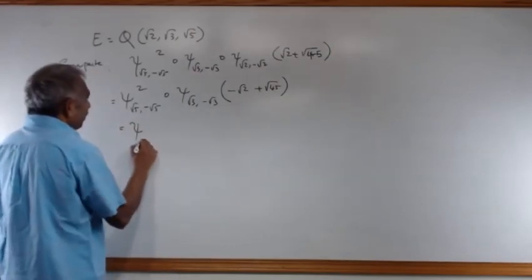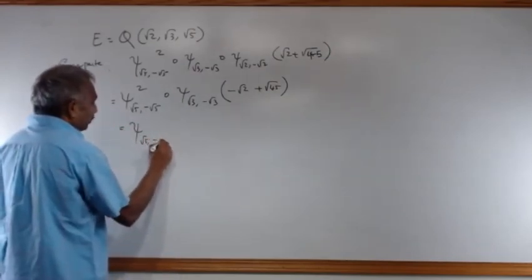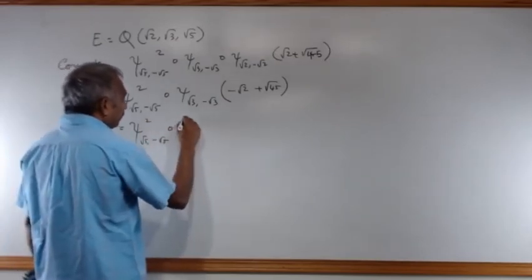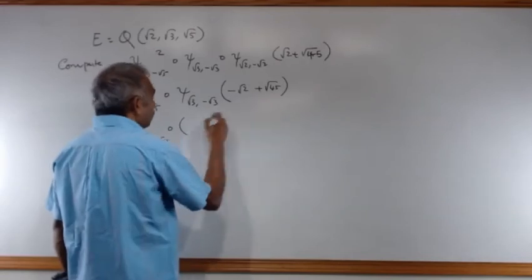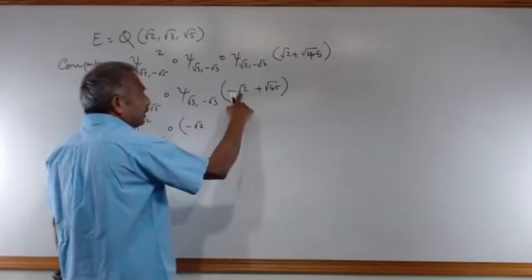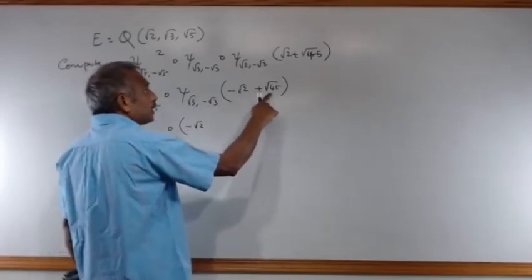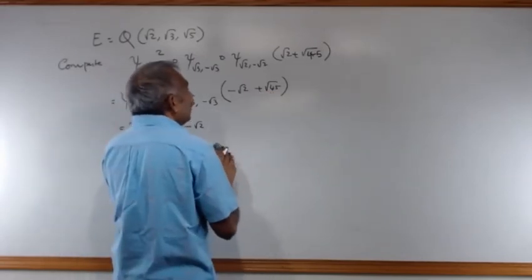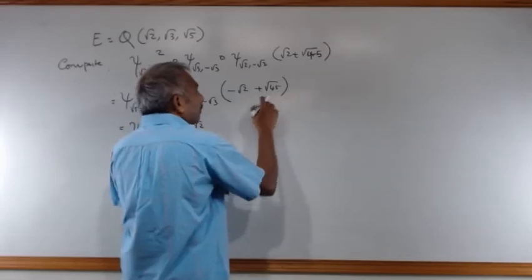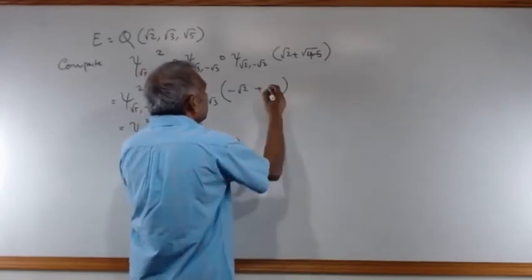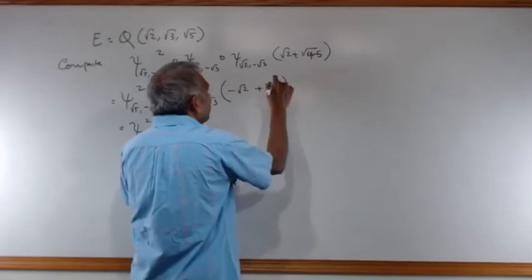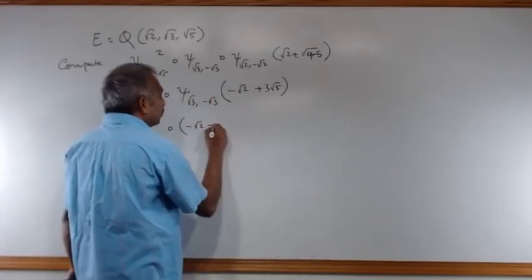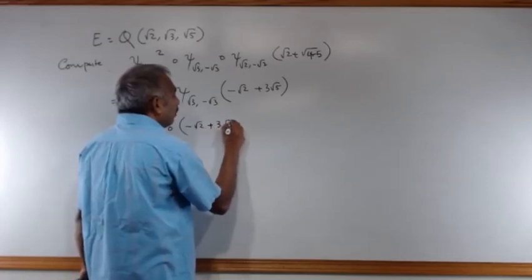This is going to be psi of root 5, minus root 5 squared, of, replace root 3 by minus root 3. There is no minus root 3 here, so here there are two root 3's. This is actually you can write it as 3 root 5. So there is no root 3 here. So it is going to be 3 root 5.